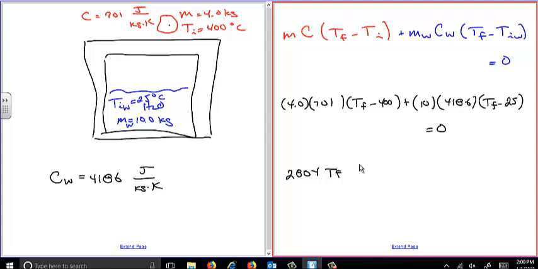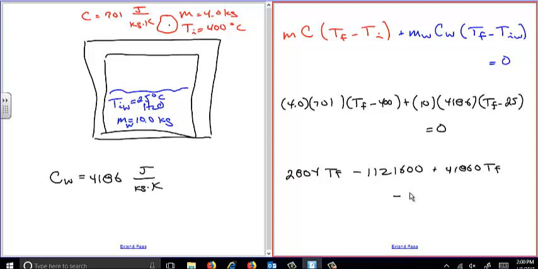So that's minus 1,121,600. Then we have 10 times 4186. So that's 41,860 T sub F minus 10 times 4186 times 25.